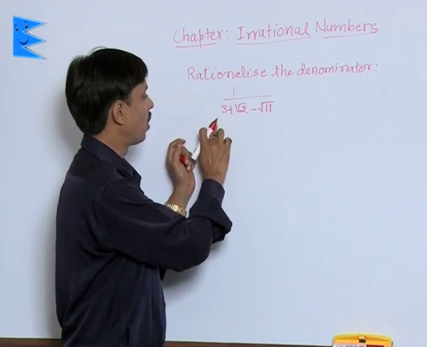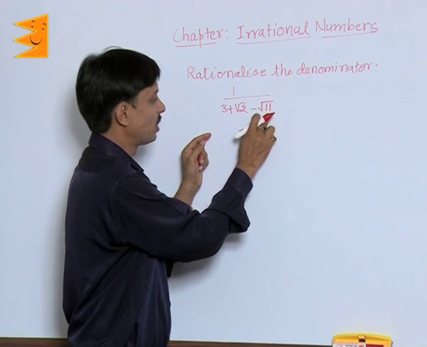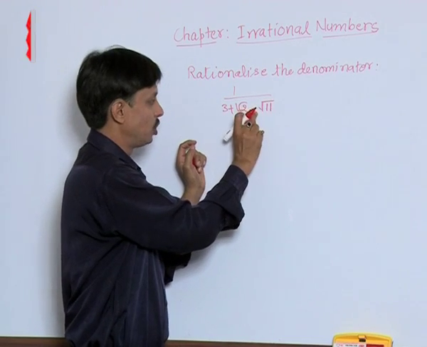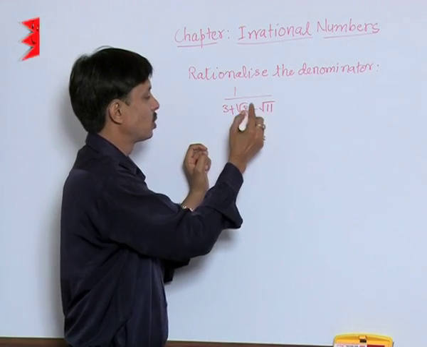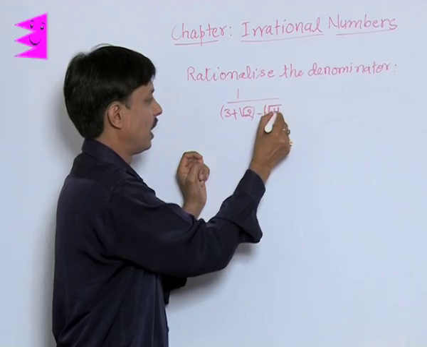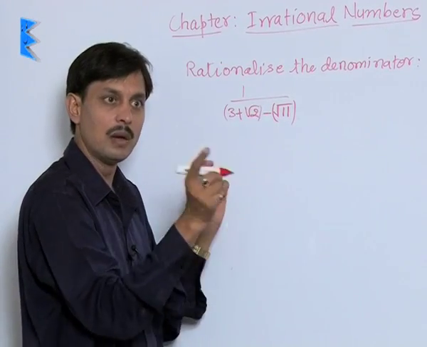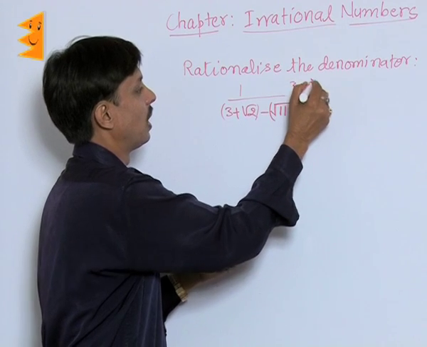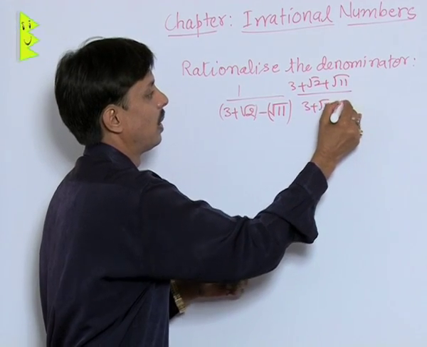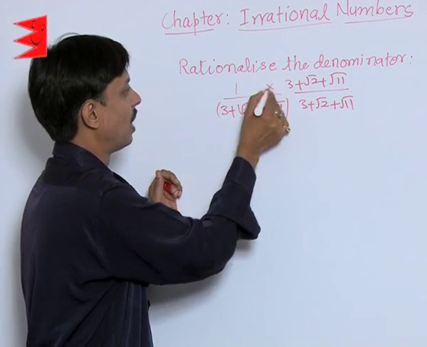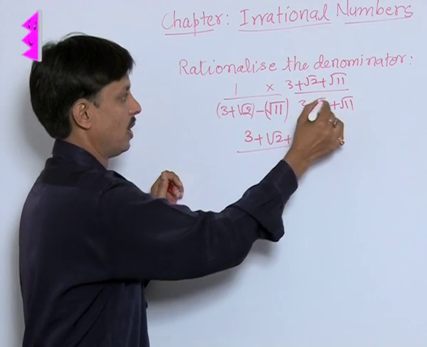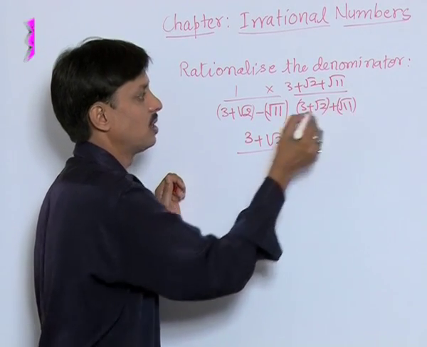The conjugate will be 3 plus root 2 plus root 11, since a change of sign is required. So multiplying, the numerator becomes 3 plus root 2 plus root 11.